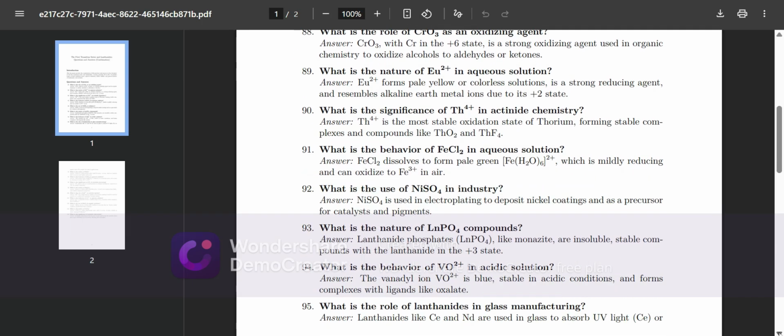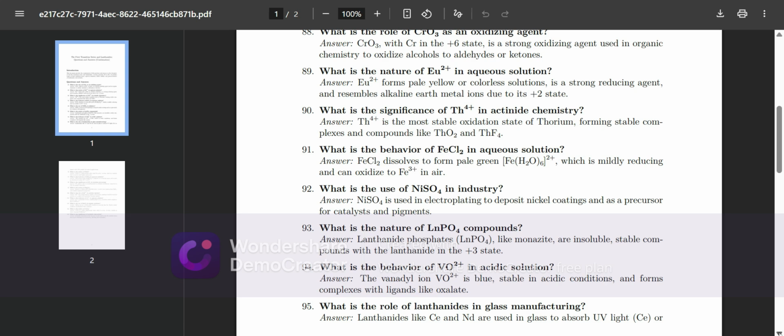What is the nature of Eu2+ in aqueous solution? Eu2+ forms pale yellow or colorless solutions, is a strong reducing agent and resembles alkaline earth metal ions due to its plus 2 state.